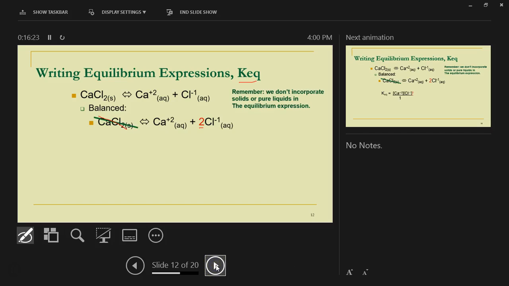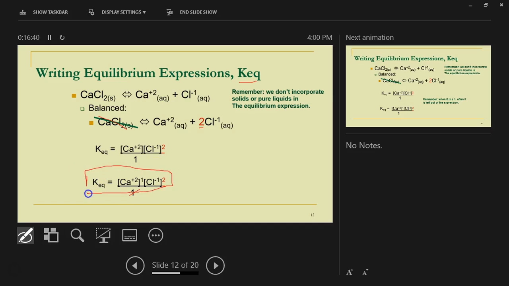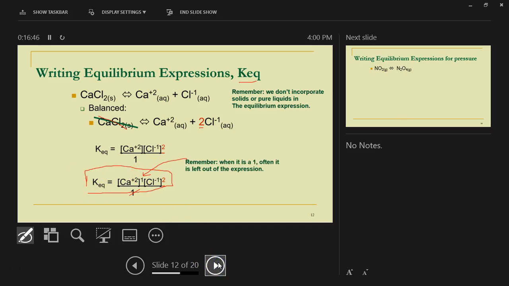They're not included in our reaction. So we leave them out of our expression. That is either left out this way with the number 1, or you don't even have to write this number 1 here at all. It could have just been this top piece of the equation. And we don't have to write that 1 there either. Well, a 1 is just understood.